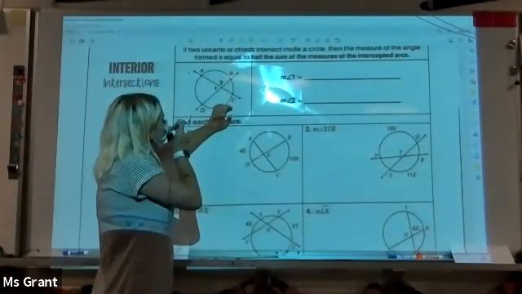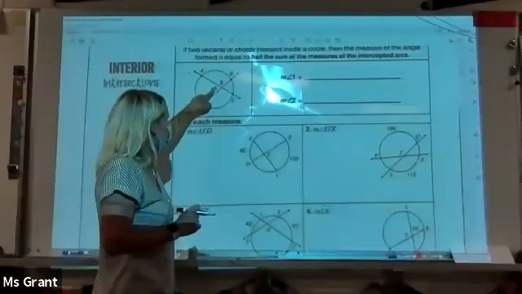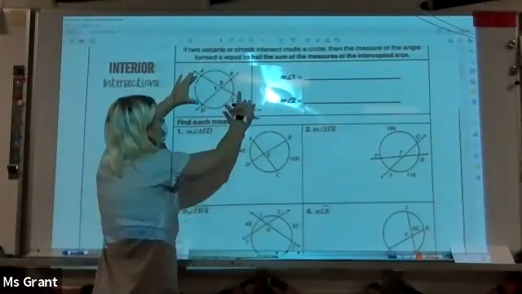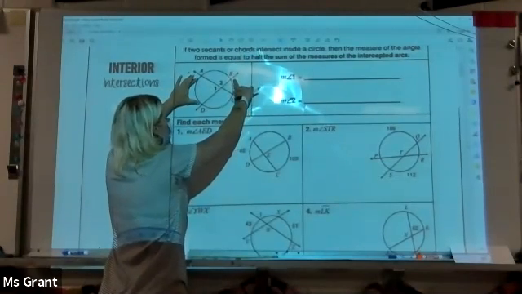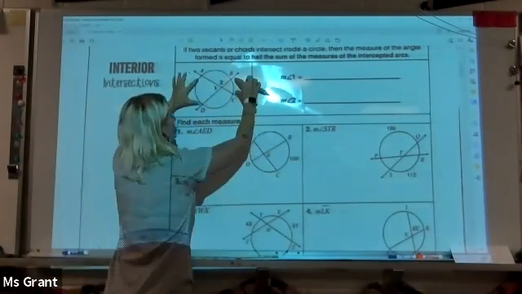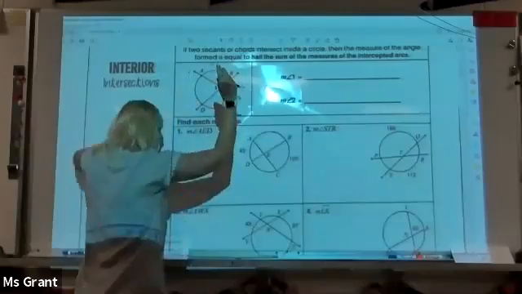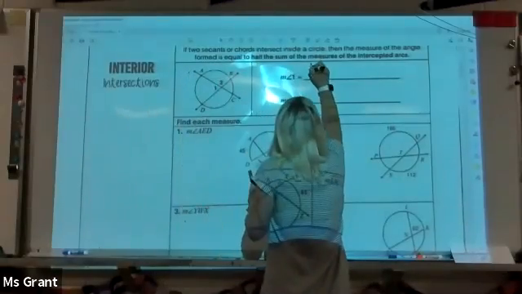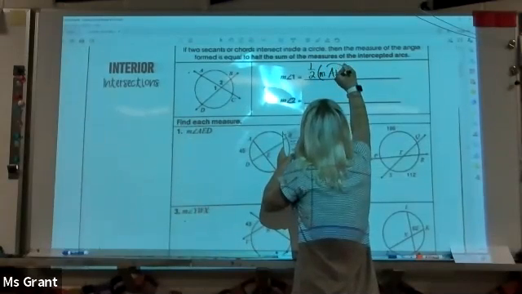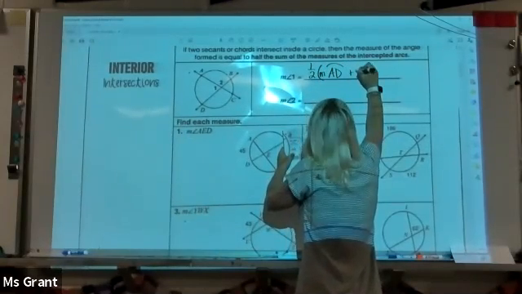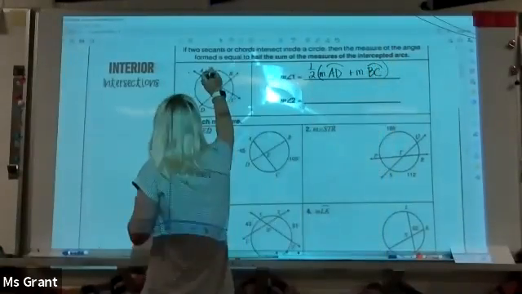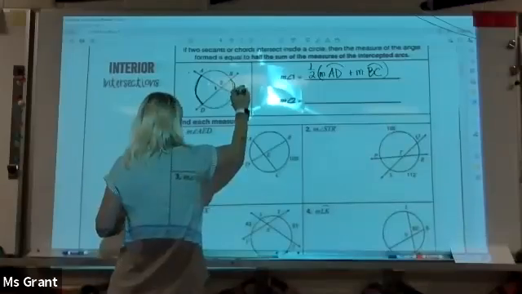Angle 1 is half the size of these two arcs added together, so it's half the measure of AD and measure of BC.